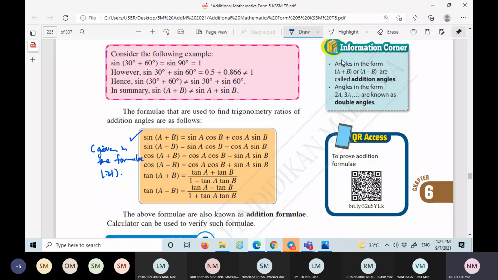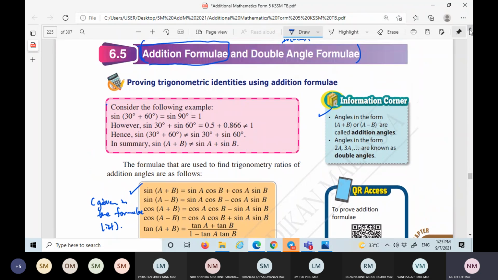And this one, a bit of information for you. Angles in the form of A plus B or A minus B are called addition angles. Angles in the form of 2A, 3A are called double angles. They want you to differentiate for this subtopic why we have the addition formula and the double angle formula. So this is the addition formula, this is the addition angle.